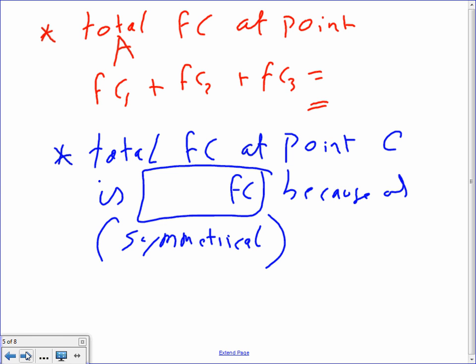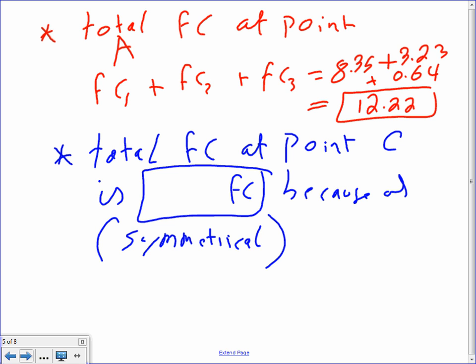So we're going to go at point A. We have 8.35 plus 3.23 plus 0.64, and that will get you a healthy 12.22. As expected, the fixtures at the end will have this light, so that will be 12.22.